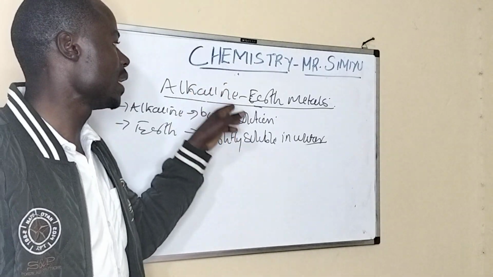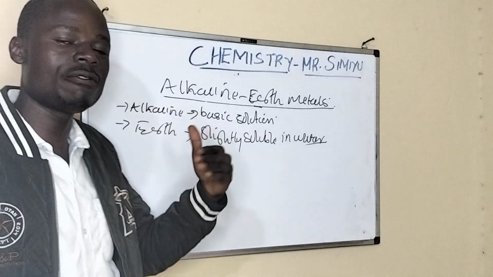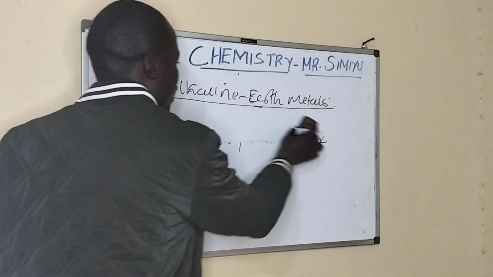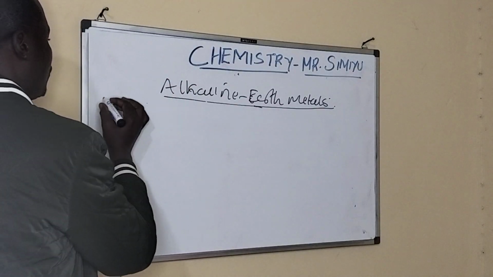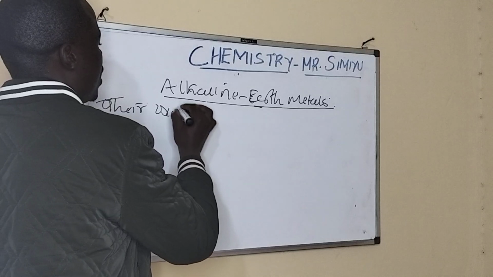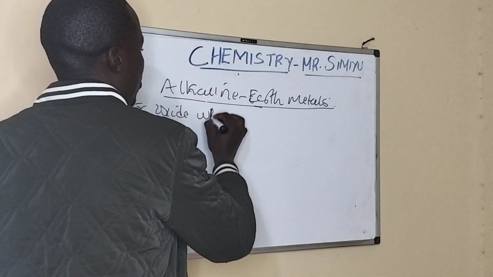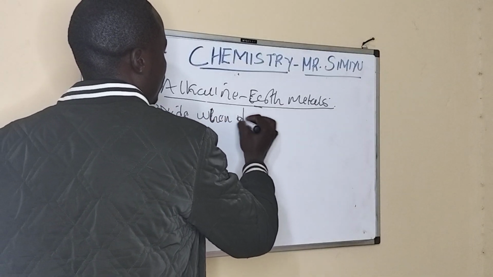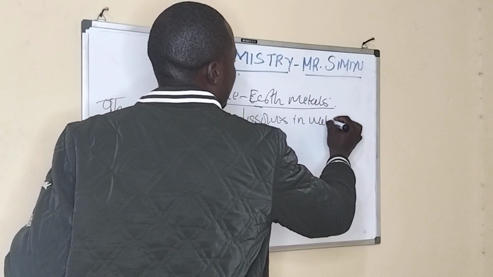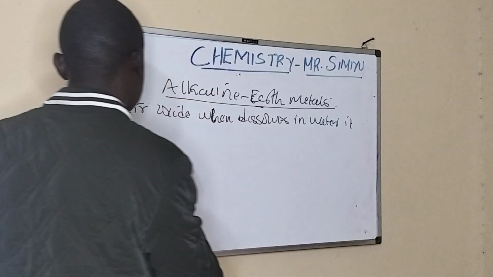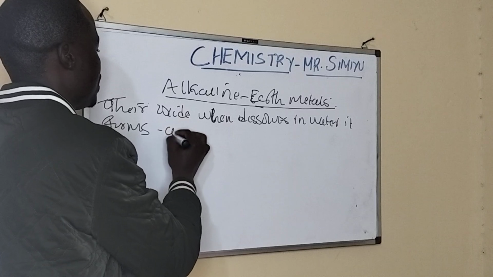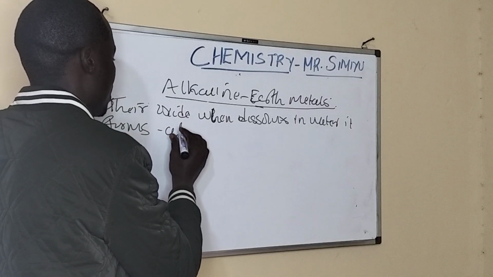So when somebody asks you why alkaline earth metal? Alkaline earth metal because when they form oxide, their oxide when dissolved in water forms a basic solution.